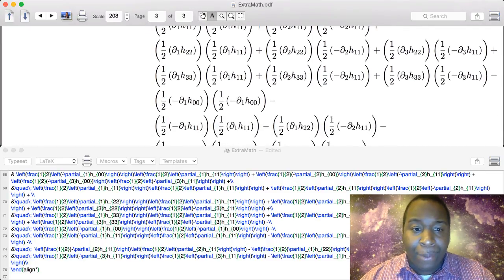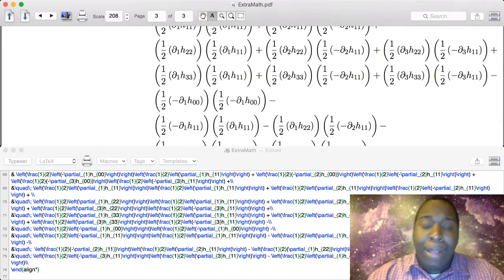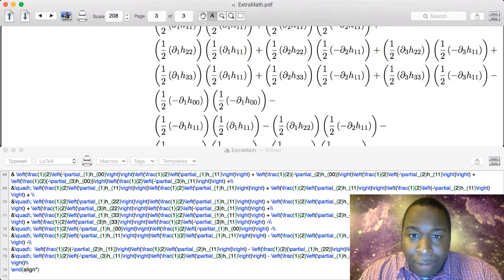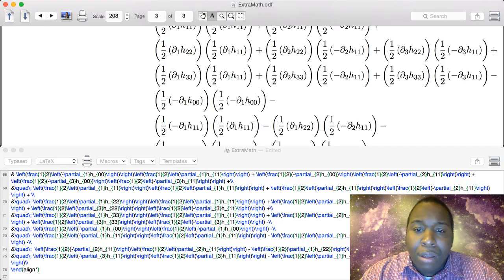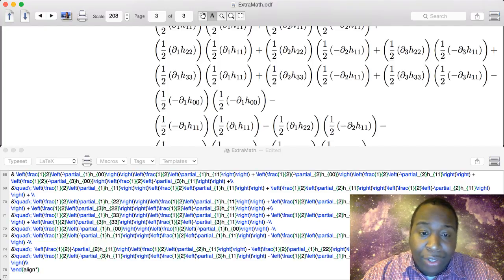So when I call out numbers like 133, what I'm basically saying is I'm taking the partial derivative of the 1th component, which if we're thinking about our space-time, the 1 component is going to be our x component. So I'm taking the partial derivative with respect to our x component of the element that's at the 3, 3 position of our matrix H, which is our perturbation matrix.